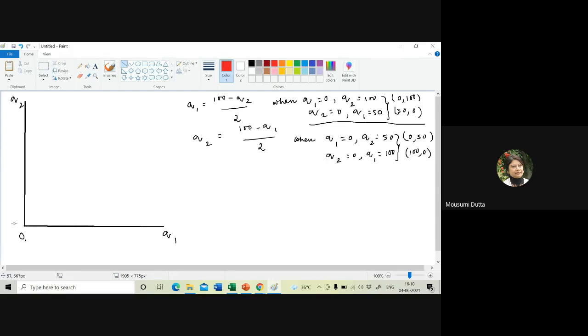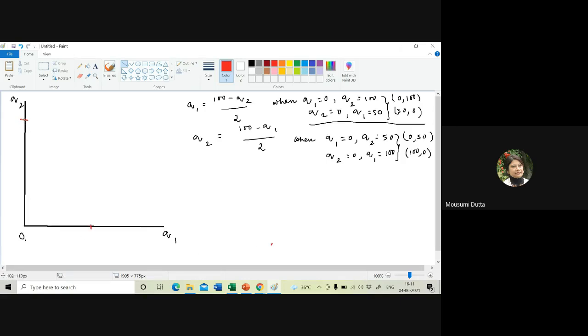So Q1 is 0, and suppose this level is 100. Another point is Q1 equal to 50, so half of this stretch, and Q2 is 0, along the horizontal axis.